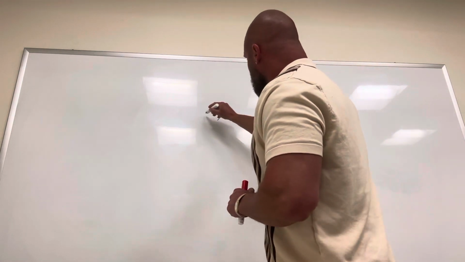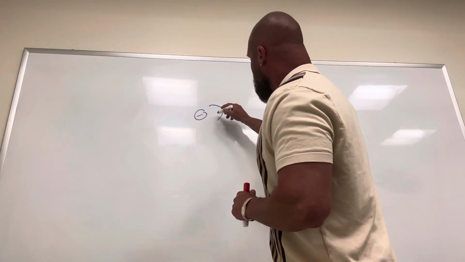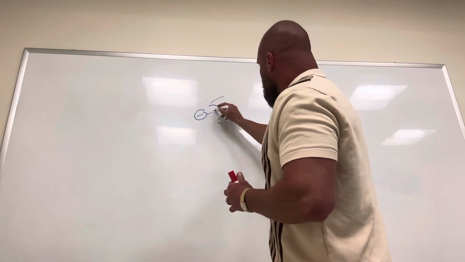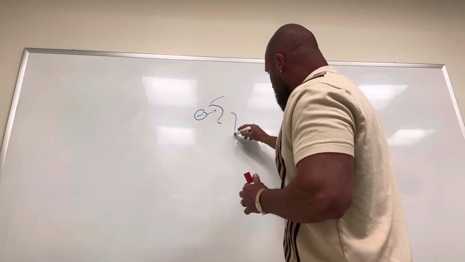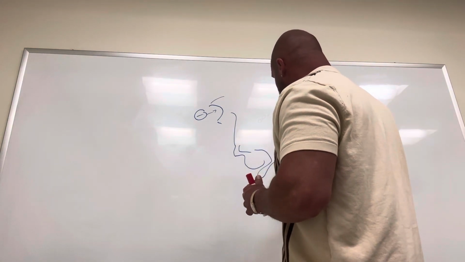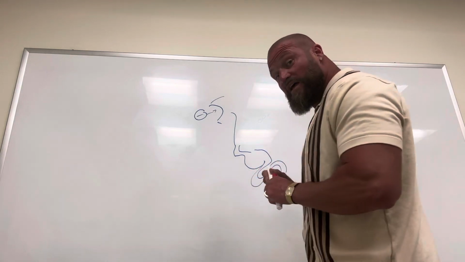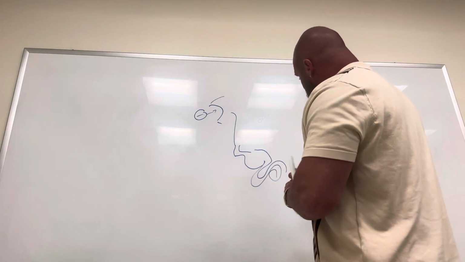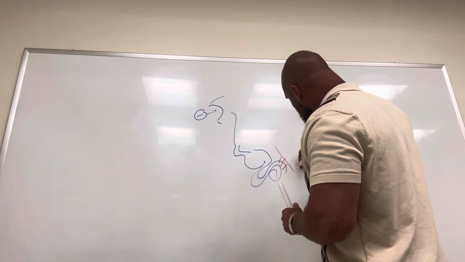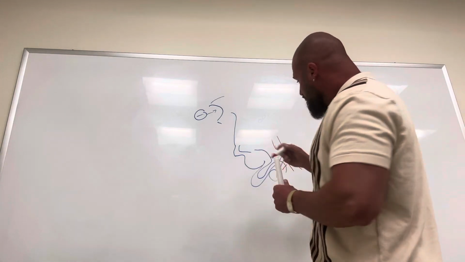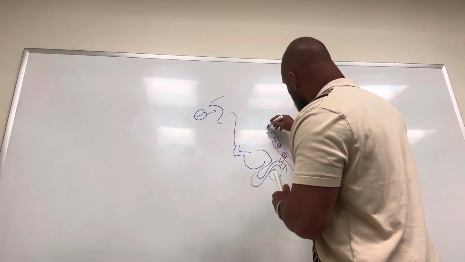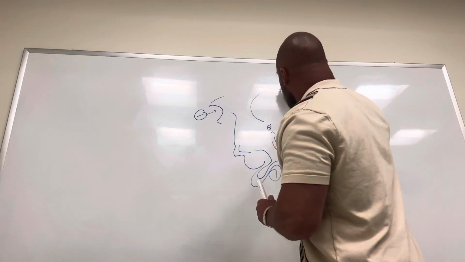So let's say we have our steroid, and we ingest it by mouth, okay? So in our mouth, and it goes down the esophagus, into the stomach, and eventually to the small intestine, where it is maybe absorbed, and then it goes to the portal vein, and from the portal vein, it will basically travel to the liver.